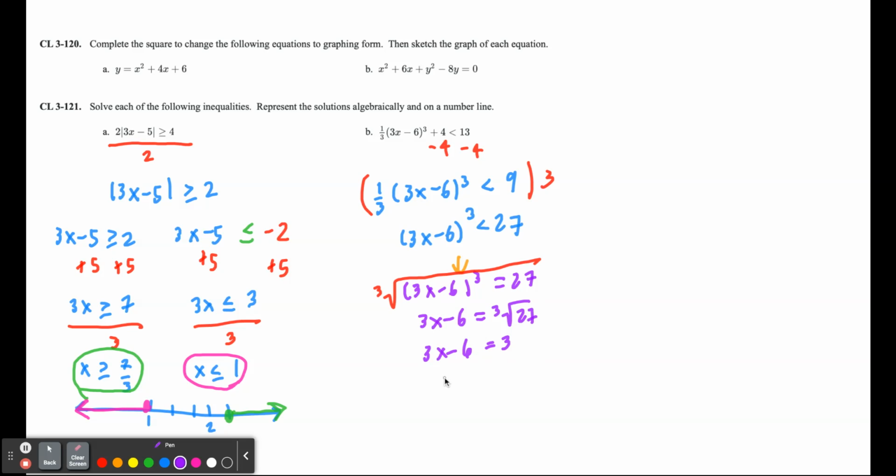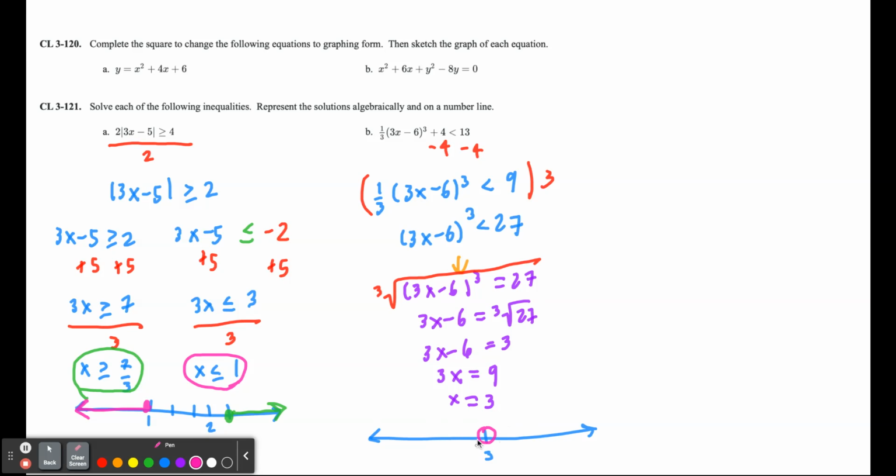And then you solve that, so you add 6, and you get 9. Okay, so then that's our boundary point. And it will be an open circle.